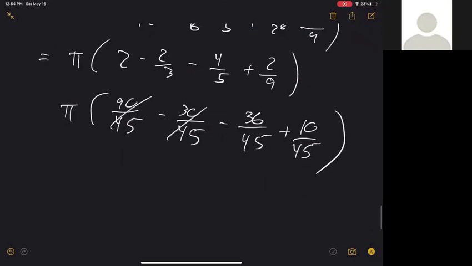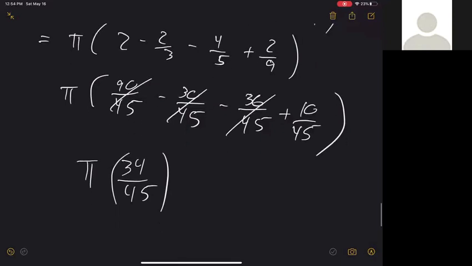Okay, 60 minus 36, 24, 34 over 45. And that checks out. That is the answer.